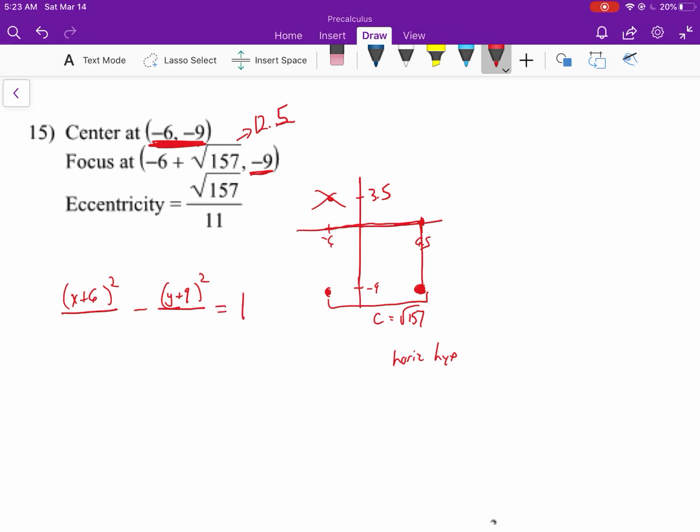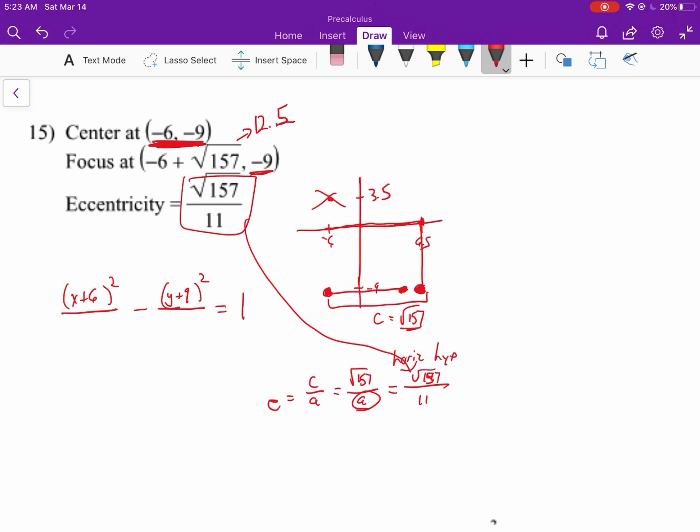And now we're going to look at eccentricity. We know eccentricity is c over a. In this case, we know c is square root of 157. We don't know a. We don't know the distance from here to the vertex. But we do know eccentricity is square root of 157 over 11.